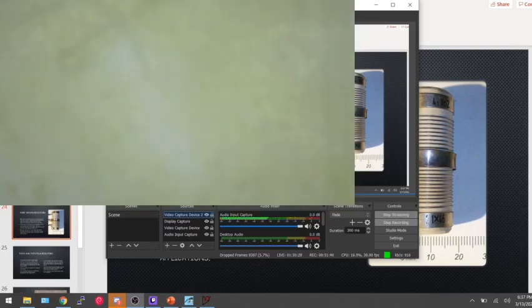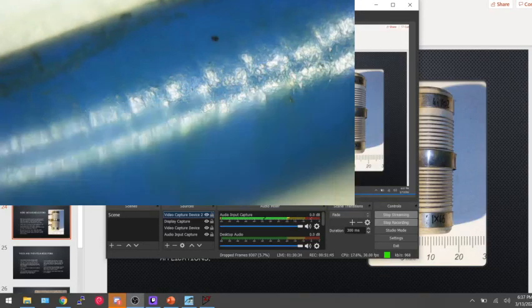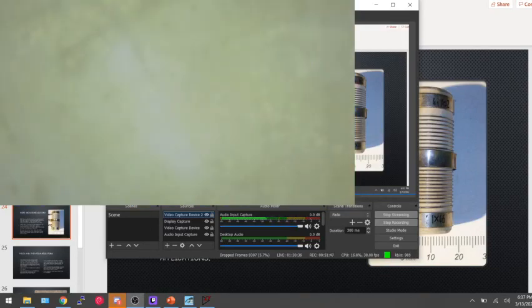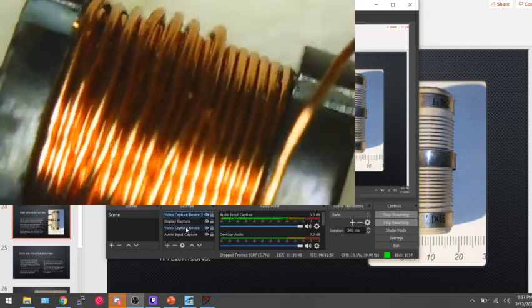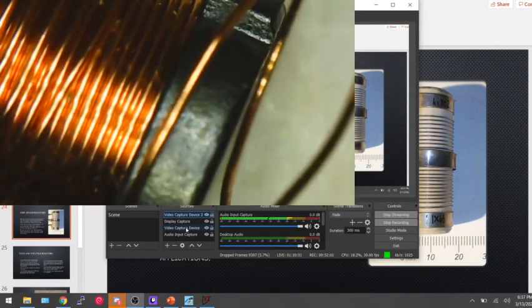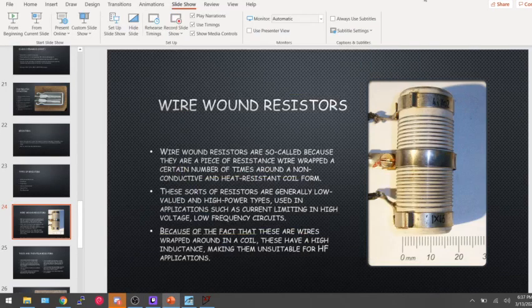And of course, if you wrap a wire around anything, any coiled wire, it's going to create an inductor. An inductor is basically a very low value resistor wrapped around something that's magnetic. Sometimes it's not. Sometimes it's wrapped around nothing. But as a result, in high frequency, it can actually be very, very bad.